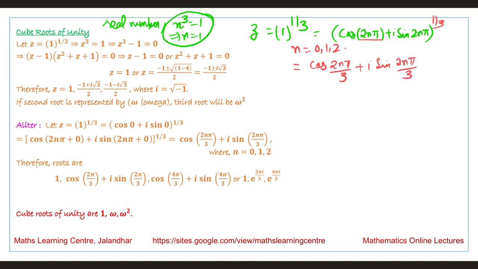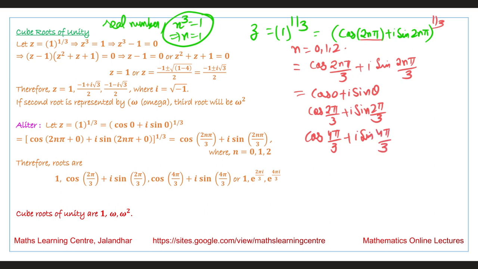So when we substitute n is equal to 0, we get cos 0 plus iota sine 0. When we substitute 1, we get cos 2 pi by 3 plus iota sine 2 pi by 3. And when we substitute 2, we get cos 4 pi by 3 plus iota sine 4 pi by 3.